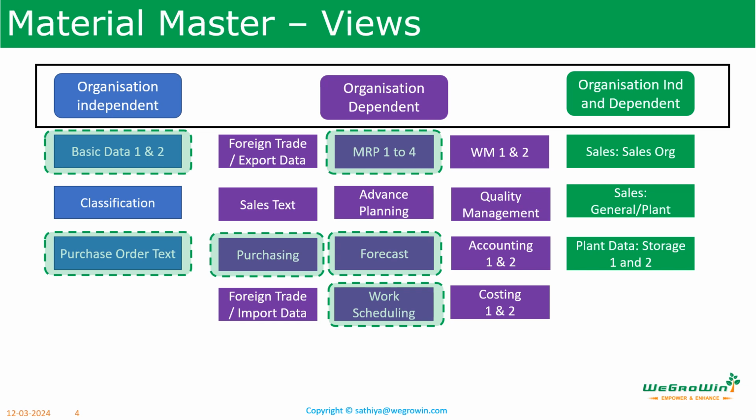After this, we discussed and created work scheduling and forecasting views, which are plant specific. Now we will discuss the plant data storage location views, which contain organization independent data and also plant specific and storage location specific data. That is why this is coming under the column organization independent and dependent.